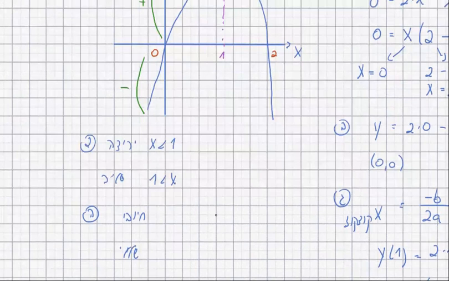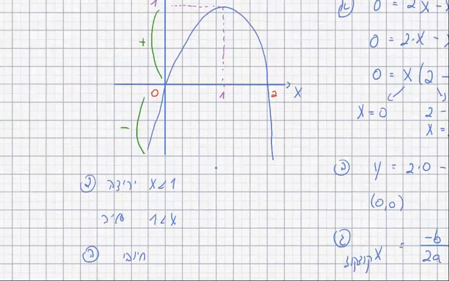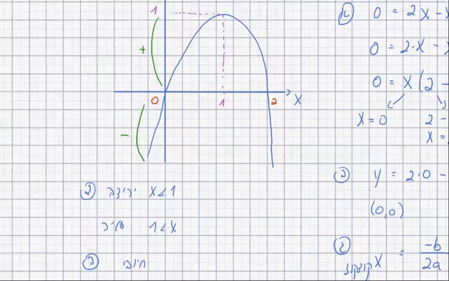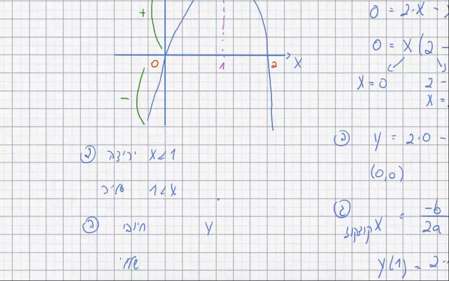חיובי according to the y, you said? Yeah. So how do you write it? No, not x, y. For the שלילי, y is greater than 0?